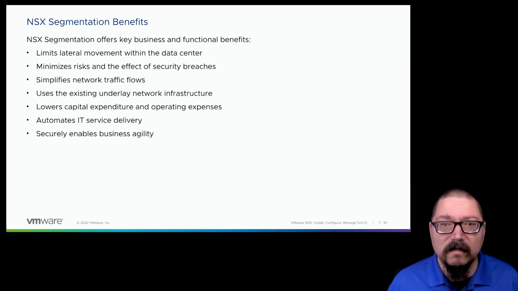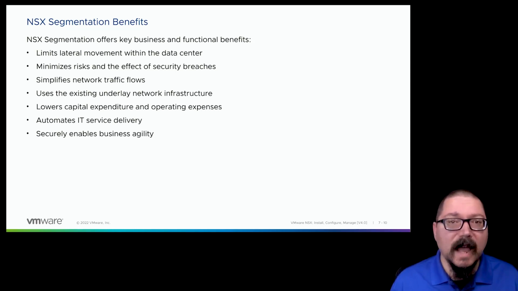Here, we're actually simplifying things, simplifying the flows, making sure that the flows on my actual network, on my wires, are meaningful, making that better, right? So, all of these kinds of things are really, really big benefits to NSX, right?